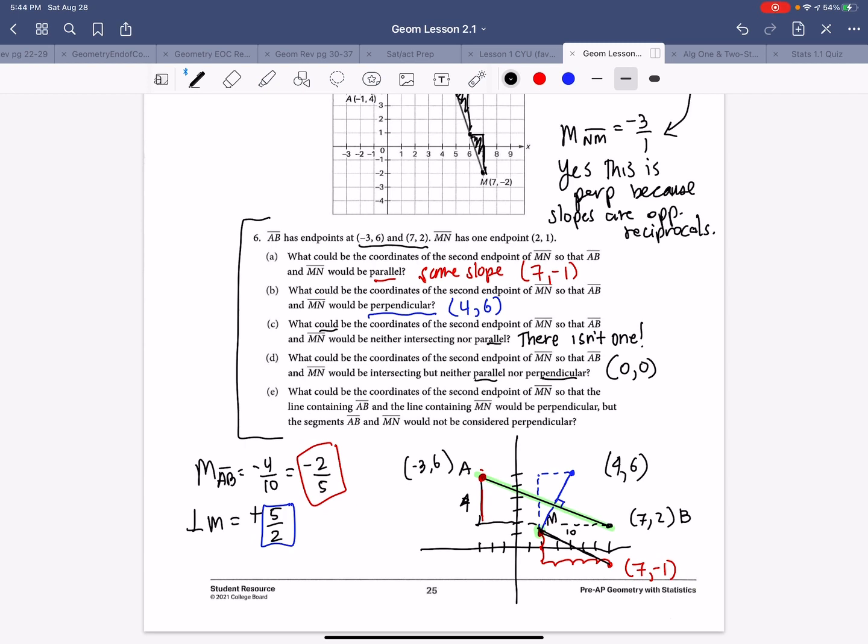Parallel means they're never going to meet, and that is true as long as they're on the same plane. So there isn't one. If they are parallel, they won't intersect.